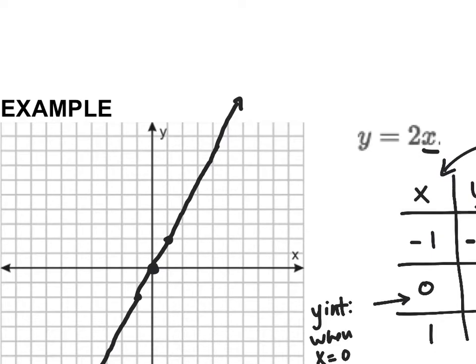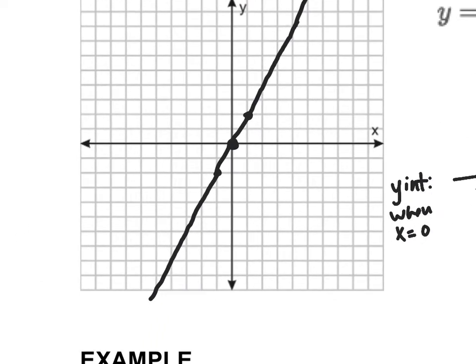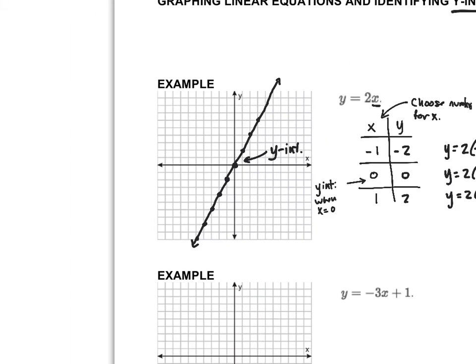We can identify that we have all these other points on this line, and that's what we're trying to identify. But what I want you to identify is that this value here is your y-intercept. All right, let's take a look at the next one.